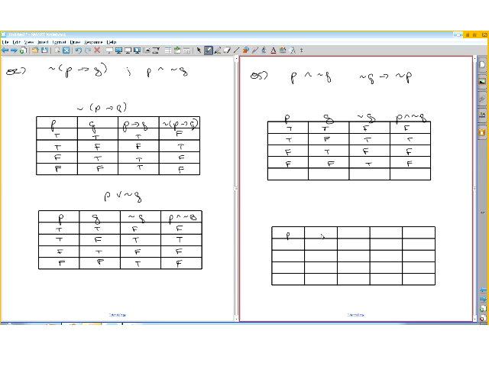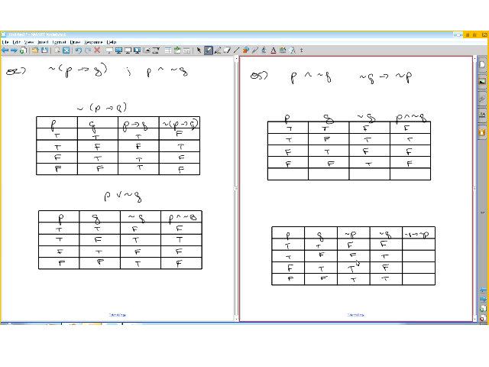And then the second one, I've got P, Q, not P, not Q, and then I've got not Q, then not P. So we have true, true, false, false, true, false, true, false. Not P is false, false, true, true. Not Q is false, true, false, true. And then we do this, then that.